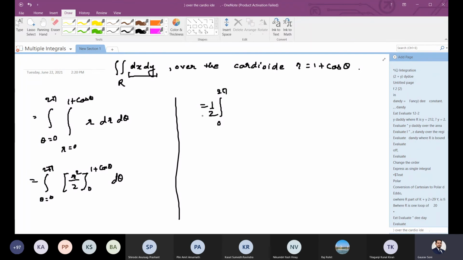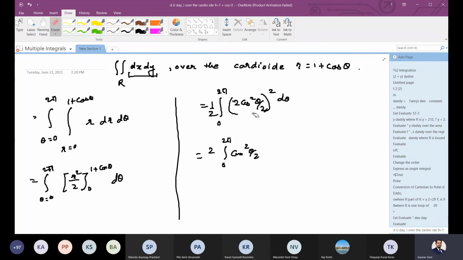1 by 2 being constant. 1 plus cos theta is 2 cos square theta by 2 whole square d theta. So 2 square 4 by 2 is 2, 0 to 2 pi cos square theta by 2.